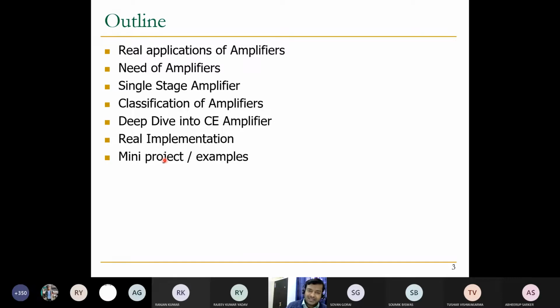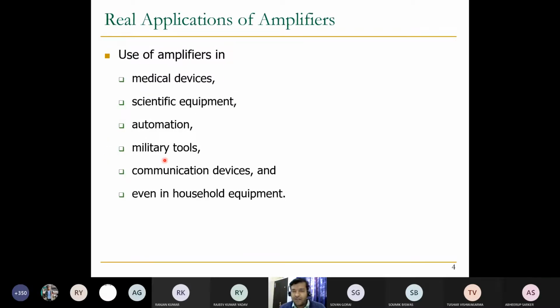Okay, so let's start with real applications of amplifiers. For most real applications, one of the essential components is the amplifier. An amplifier is a simple device. It consists of a couple of transistors and associated components like coupling capacitors and resistors.